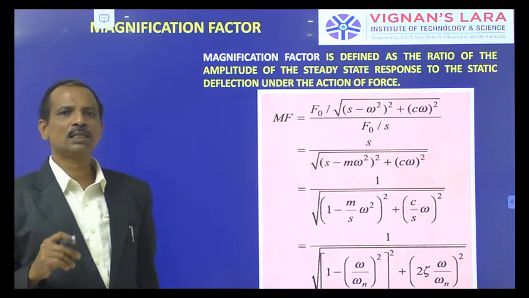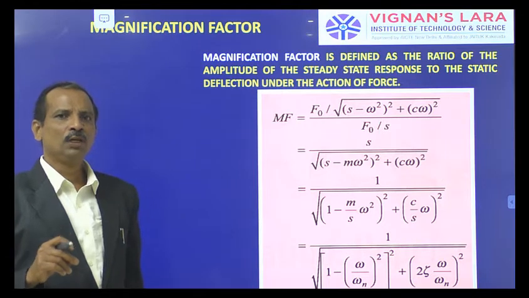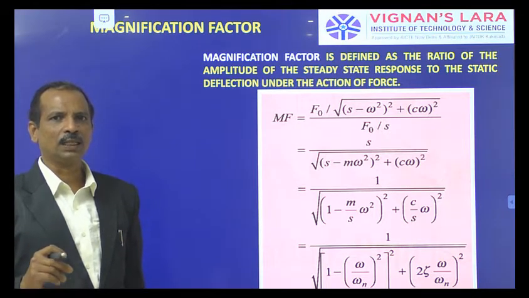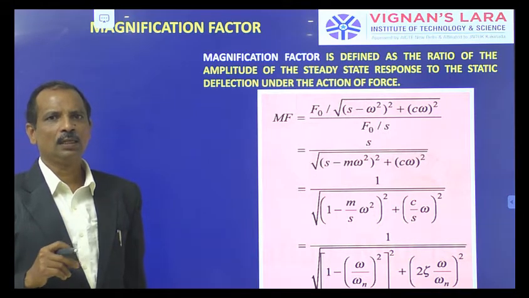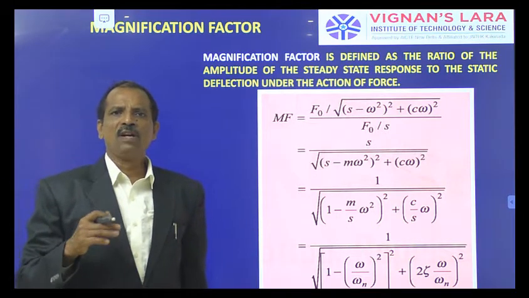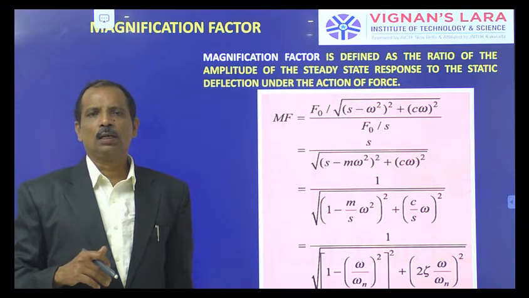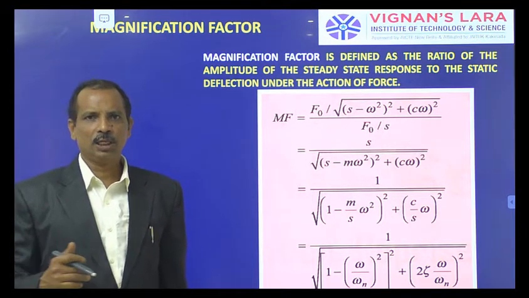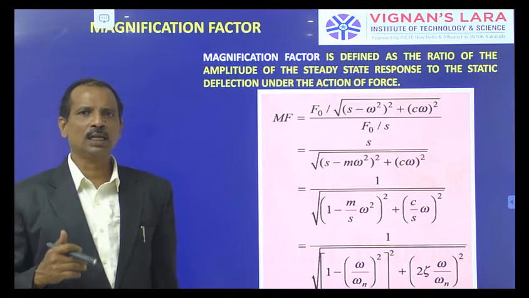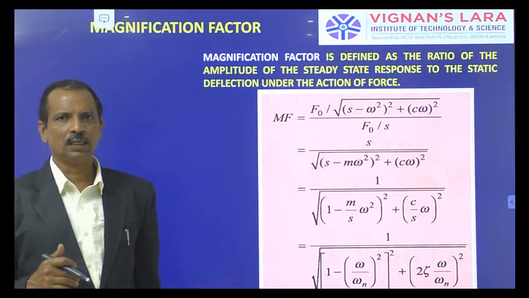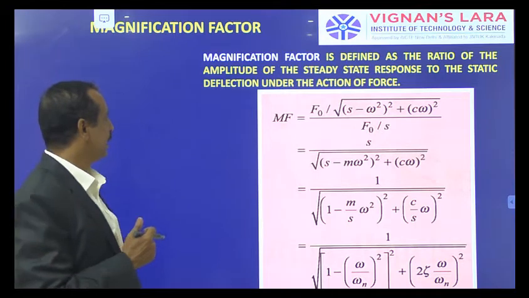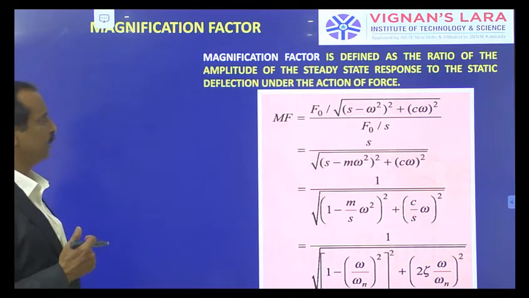Can you get similar effects, or will you get different effects? How it varies depends on this dynamic nature and what factors control it. That is studied in the magnification factor.